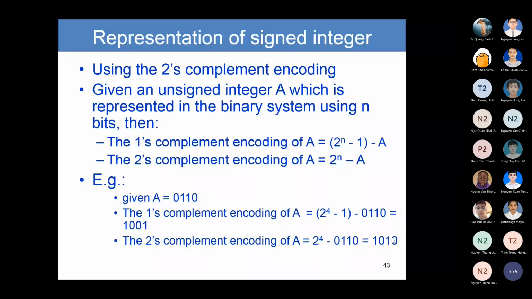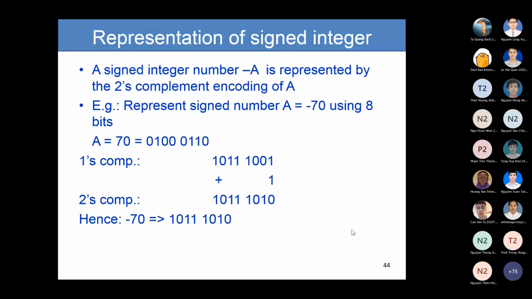Okay, so here is an example. Given number A equal to minus 70, how do we find the representation of minus 70 using 8 bits? First step, we translate the number 70 into the binary system.